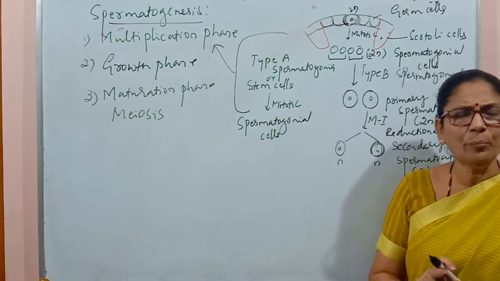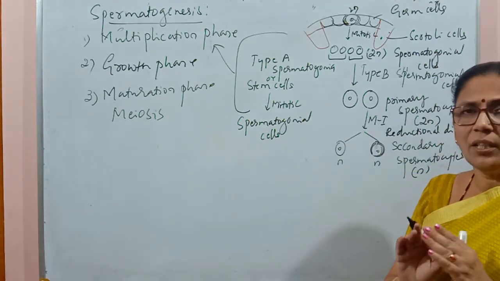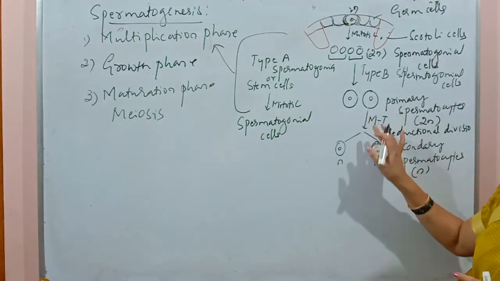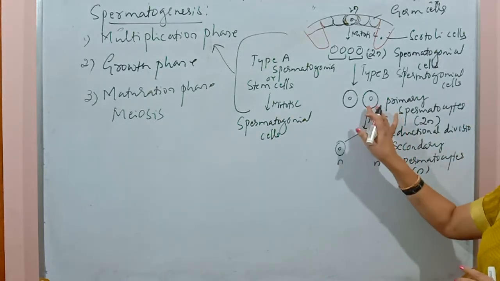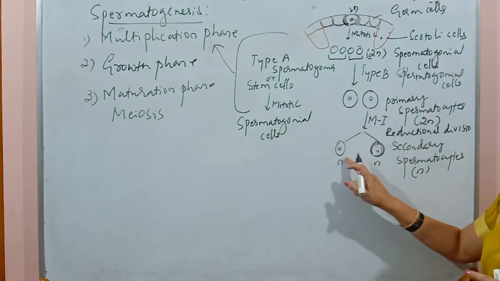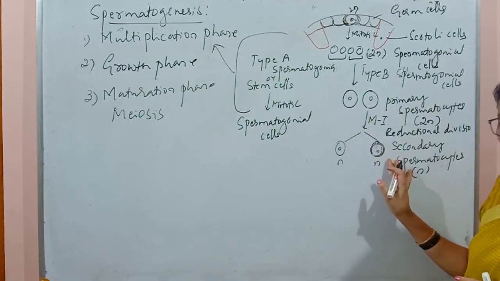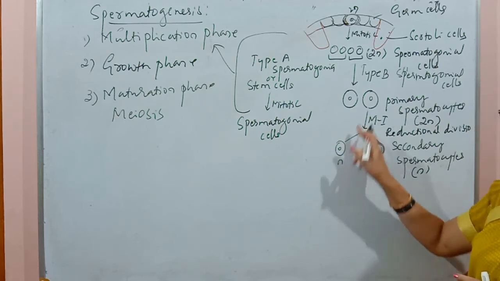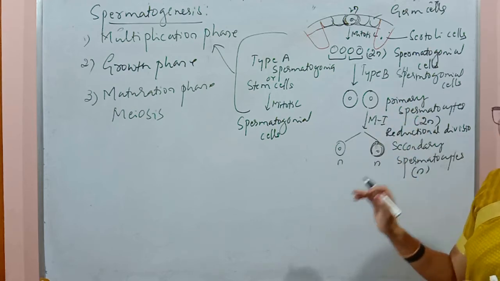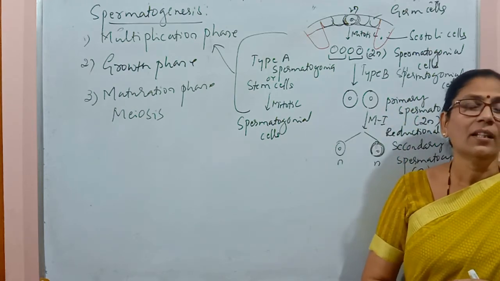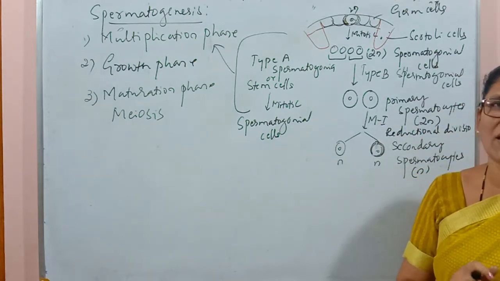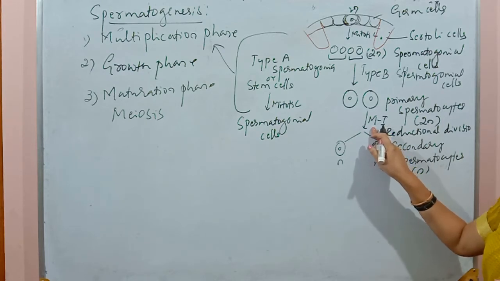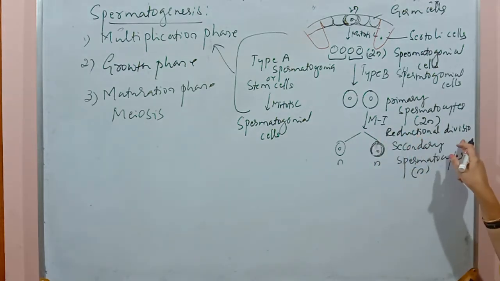So these are the two main things happening in this period. The first is that the chromosome number is reduced to half: the parental cell has 46 chromosomes, and each daughter cell has 23. The other very important thing is that a new genetic combination is observed in the daughter cells. Hence this meiotic division is called the reductional division.